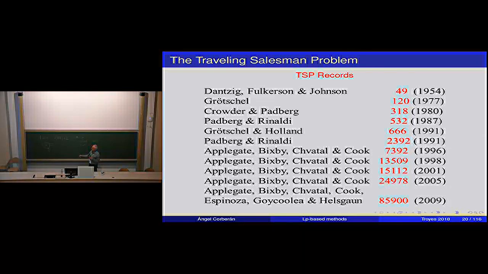Then later came these four great guys, great in the sense of their contribution to the TSP, and they created Concorde, the branch and cut, and they were able to solve to optimality all these instances. Mark told you about an instance of all the cities of the world that they are trying to solve. These are the ones that have been solved to optimality.